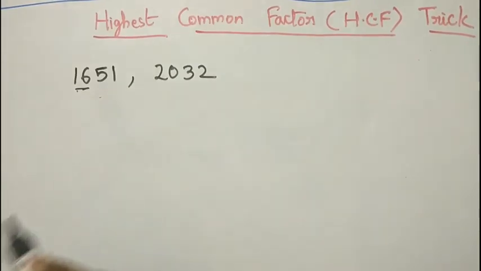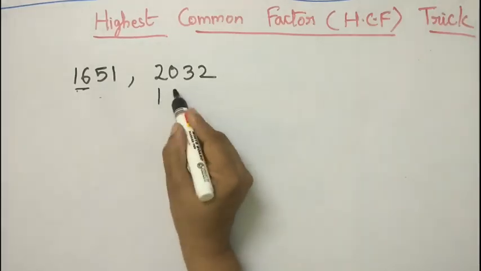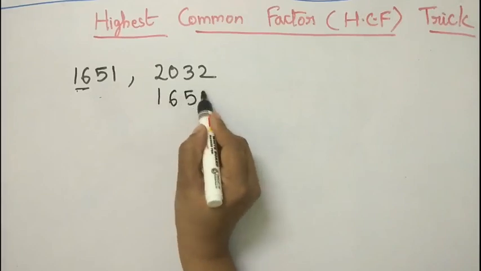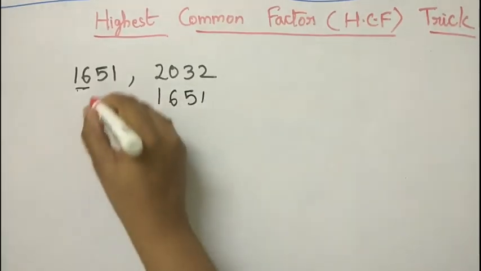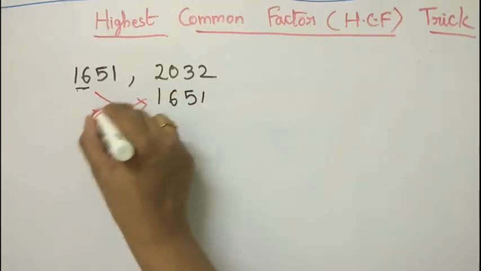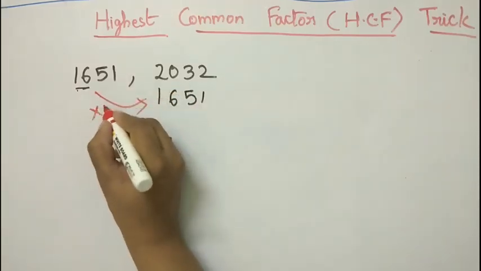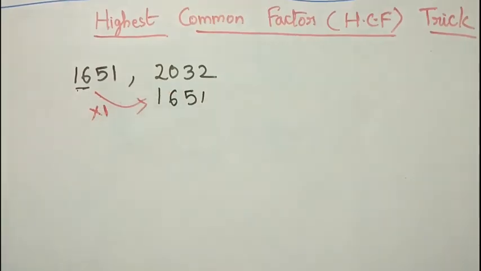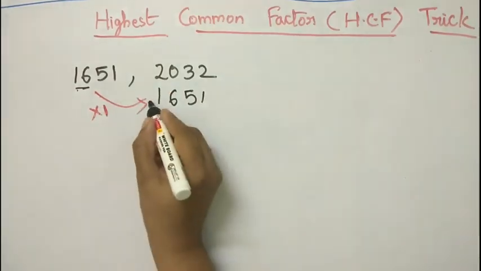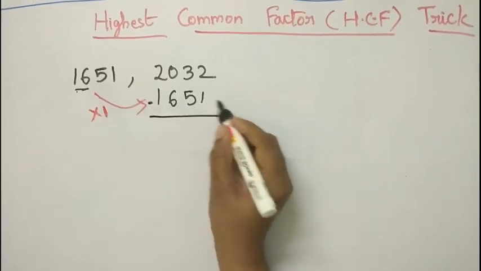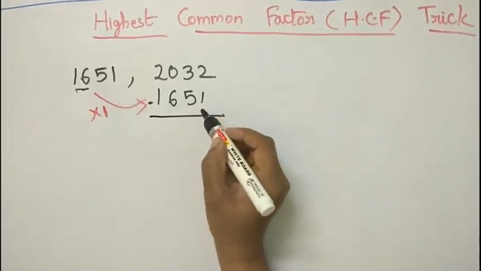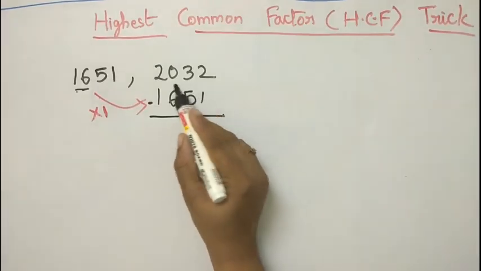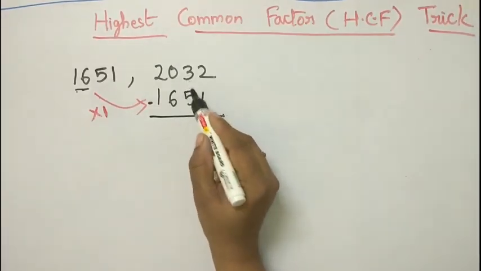So simply I will multiply with 1 and write down here as 1651. Into 1. I did 1 into 1 and wrote down the value here. Now subtract. You will get 2 minus 1 is 1. Borrow here, it becomes 13.